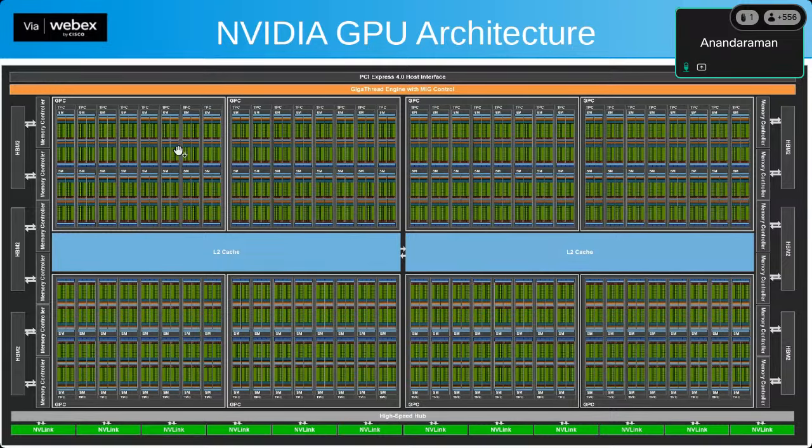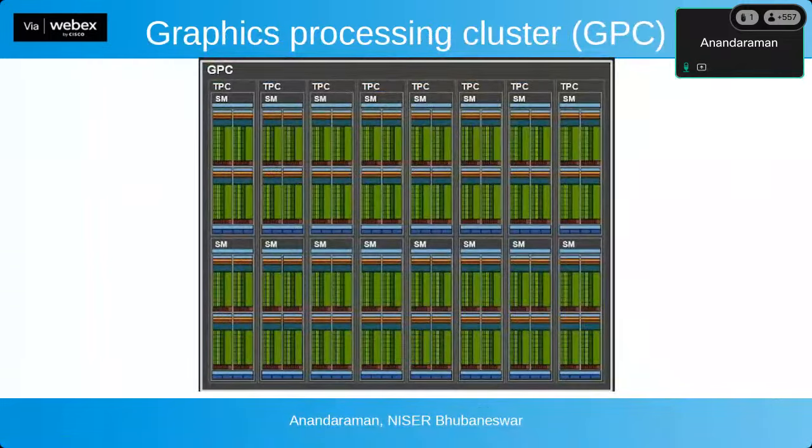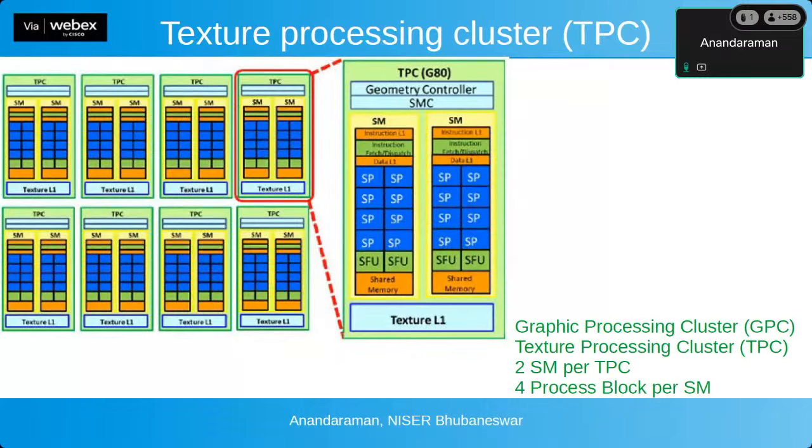This is a TPC. Each GPC is shown separately, and here the TPC. So GPC is graphics processing cluster, TPC is texture processing cluster, and there are 2 SMs per TPC, and 4 processing blocks per SM.